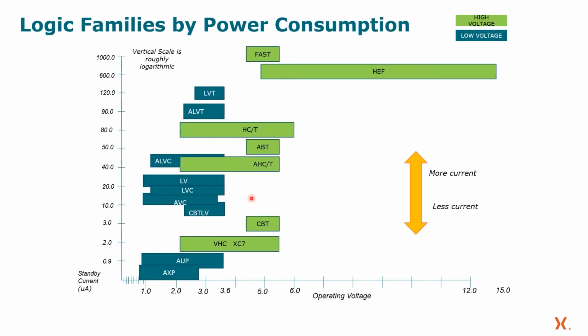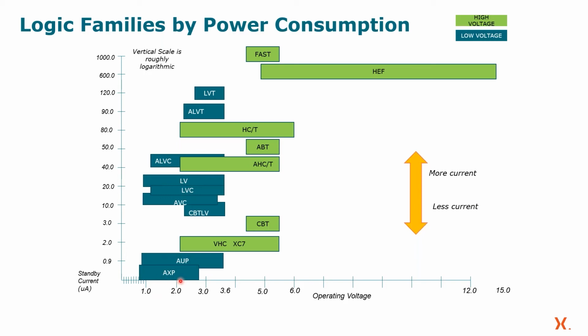Now, another way you might select logic is by its power consumption. How much static power does it draw? For battery-powered applications or anything which is electrically or thermally sensitive, how do you lower the consumption on it? So here we have, again, ranked from the bottom to the top with the less current, the most power efficient, up to the most, I'll say, power hungry logic devices, all in order across their operating voltages.